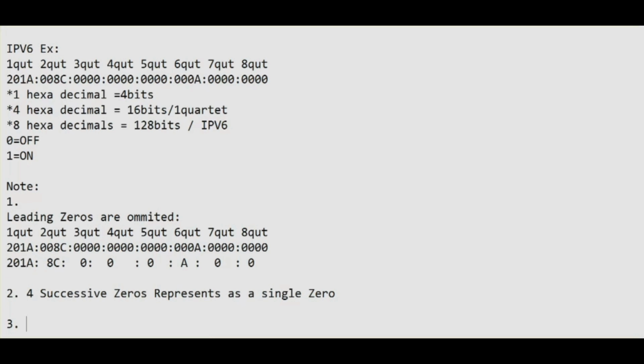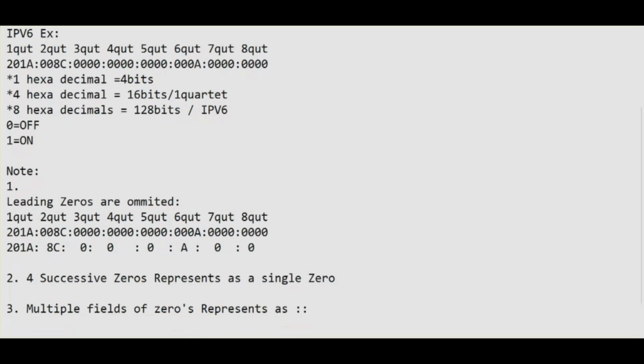First I'll write, then I'll show you. Multiple fields of zeros represent as double colon, but only once in an address.